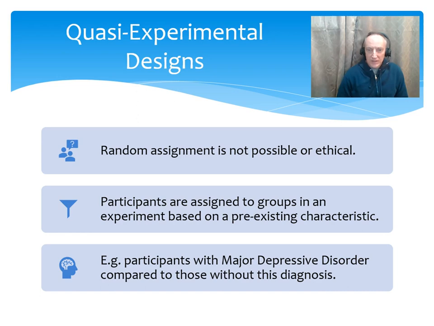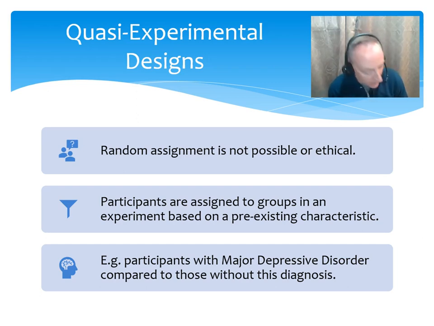Well, in quasi-experimental designs, that means random assignment is not possible or ethical. That means we can't randomly assign you to one condition or another because of some pre-existing characteristic.